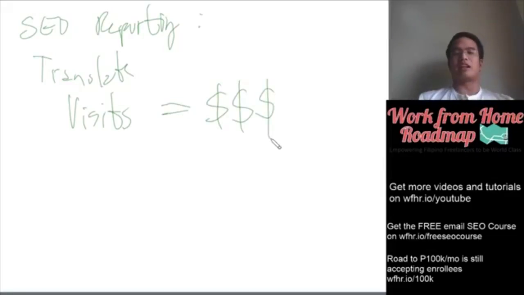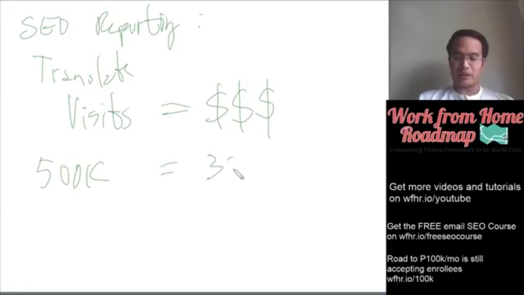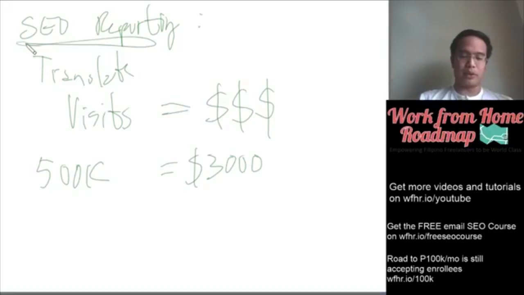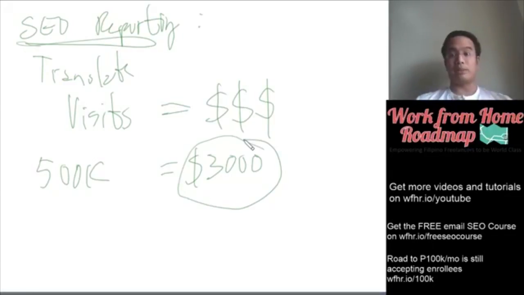And this is what a lot of SEOs lack. You say, okay, we got 500,000 visits. That's a lot, by the way. And because we got 500,000 visits, we earned, let's say, $3,000. Well, that's not a lot, but let's say $3,000. So this is what the reporting really is, because a client can see, okay, this is the dollar amount we earned from your SEO work. So that's very, very important as well.